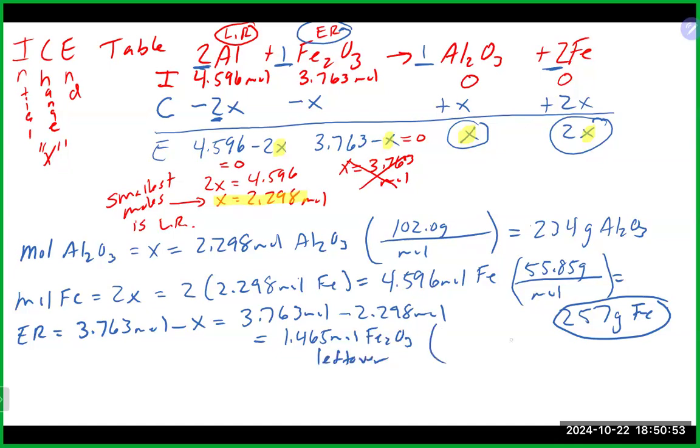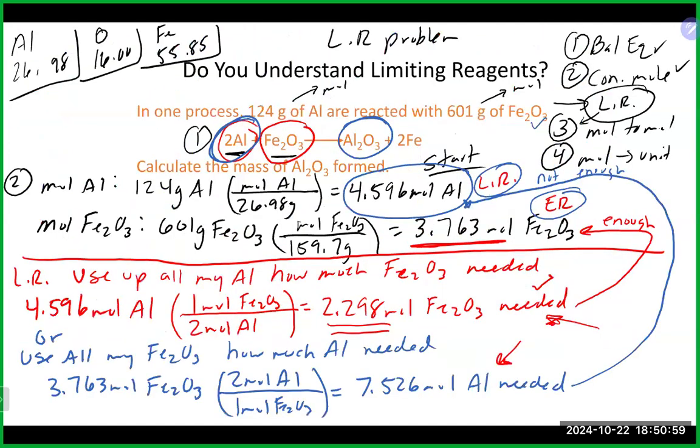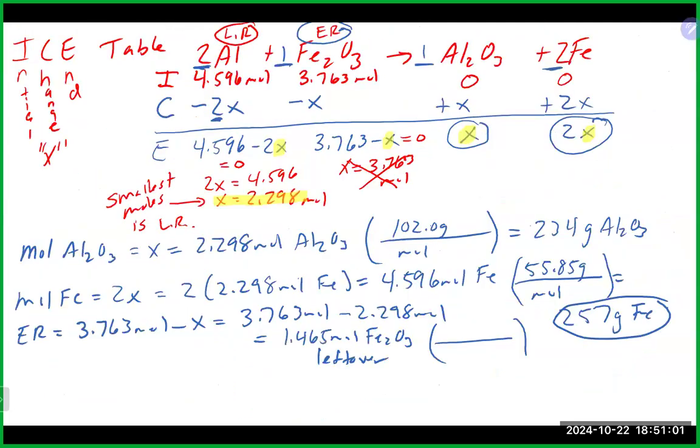Using the molar mass once again of our iron 3 oxide, which we calculated up front, 159.7 grams per mole, it's going to give me 234 grams of iron 3 oxide left over.